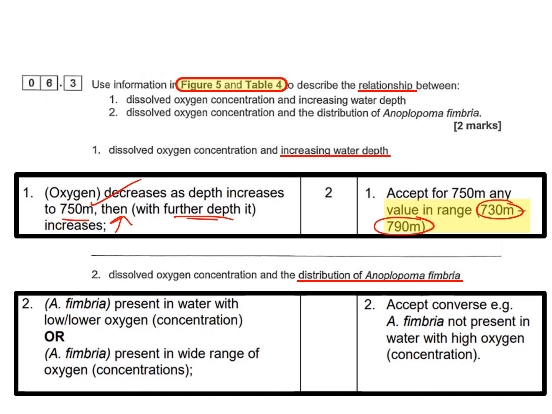Or you could have said A. fimbriae is present in water at the lowest oxygen concentration at that 750 meters. Okay. So the other two species are never found at 750 meters depth because the oxygen concentration is too low at that depth for the other two species, because their gill surface area to mass ratio is not big enough.